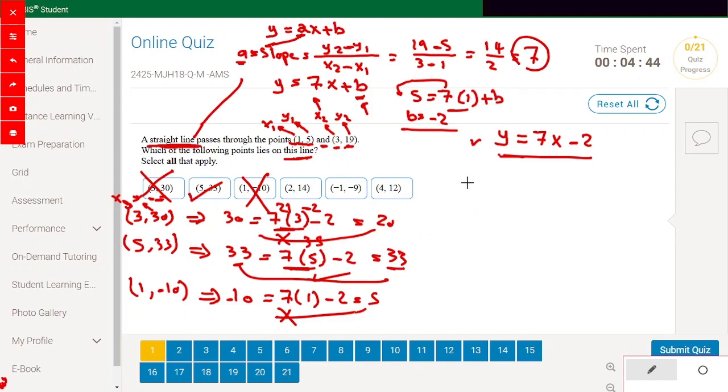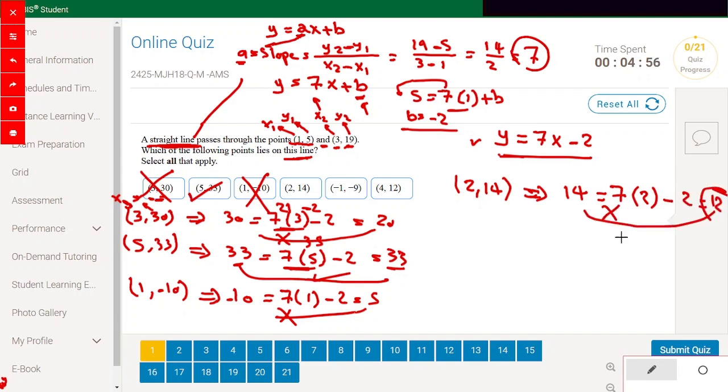Let's take the point (2, 14). So it will be 14 equals 7 multiplied by 2 minus 2. It will be equal to 12. So this is not the right answer. Let's take (minus 1, minus 9). So minus 9 equals 7 multiplied by minus 1 minus 2.